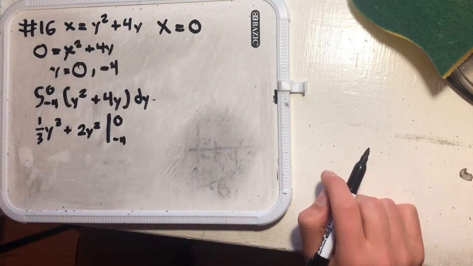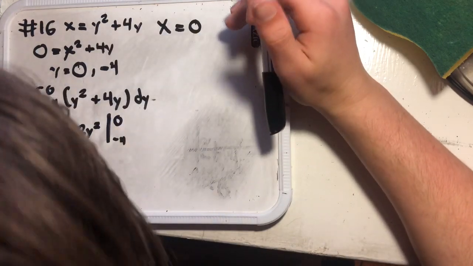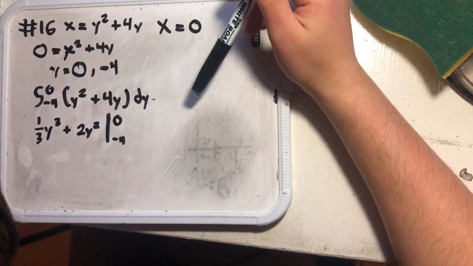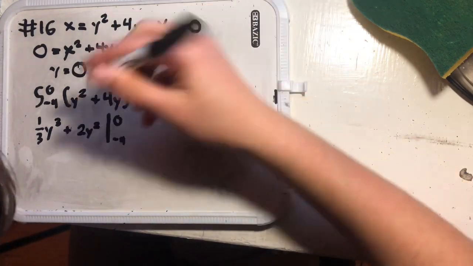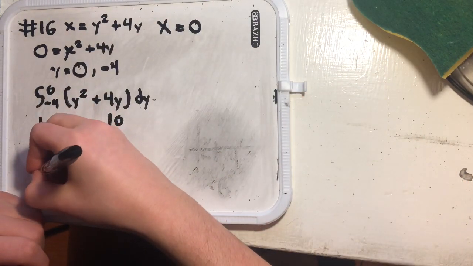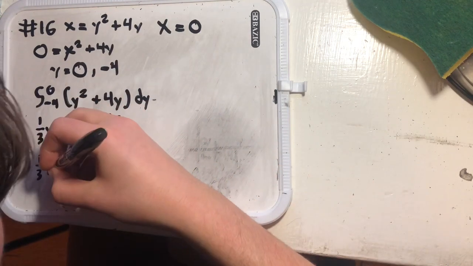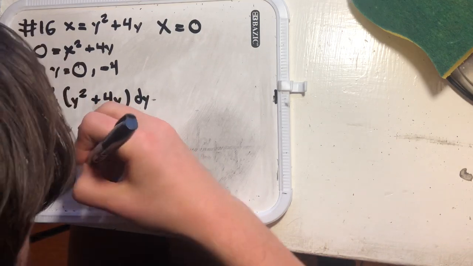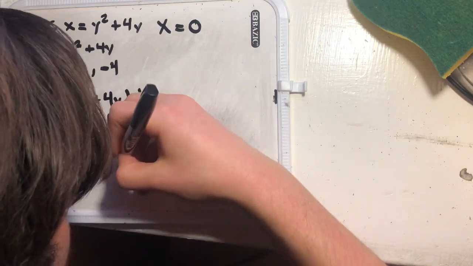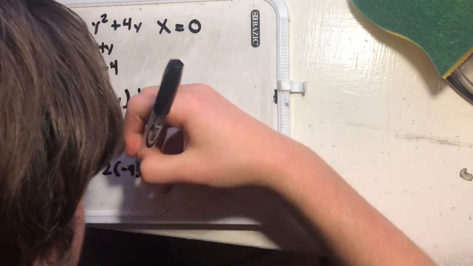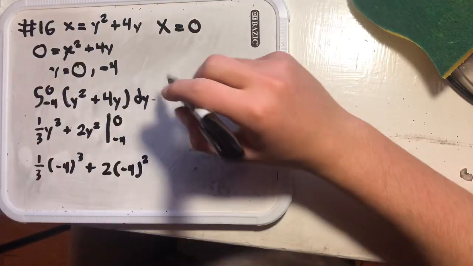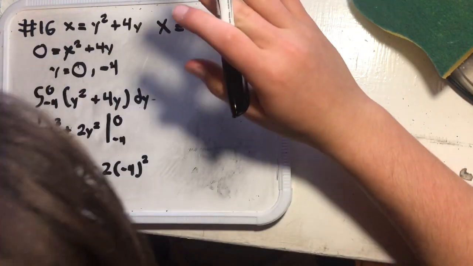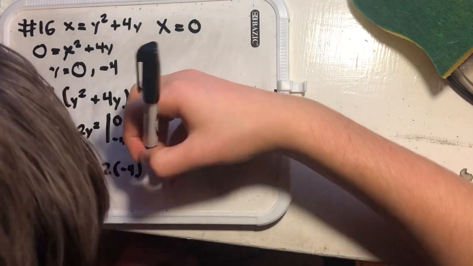Okay. And so, if you plug in 0 into the equation, if you plug in -4 into the equation, we're going to plug in -4 into the equation. And then that would be subtracted by 0, but if we plug in 0, then it would actually be 0, so that's not going to matter.